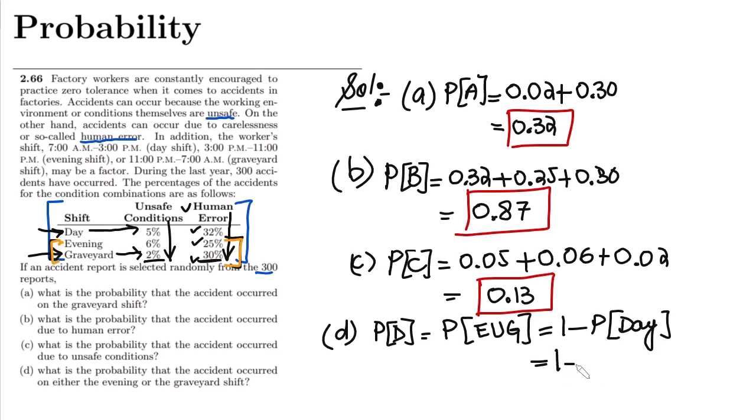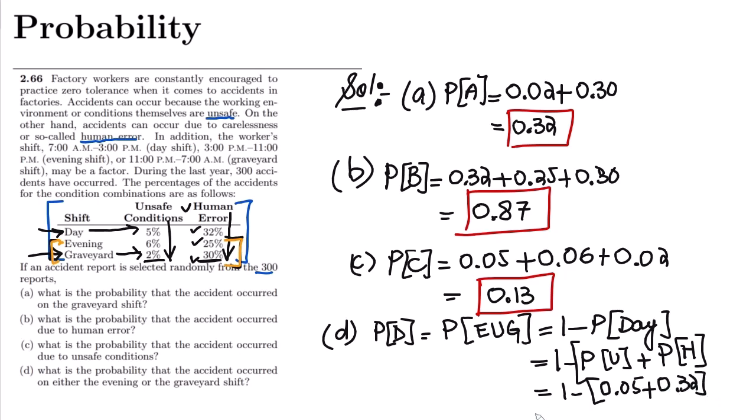So it will be 1 minus the probability of the unsafe condition or the probability of the human error, which is now 1 minus, the probability of unsafe condition in day is 5%, which is 0.05, and the human error is 32%, so that is 0.32.